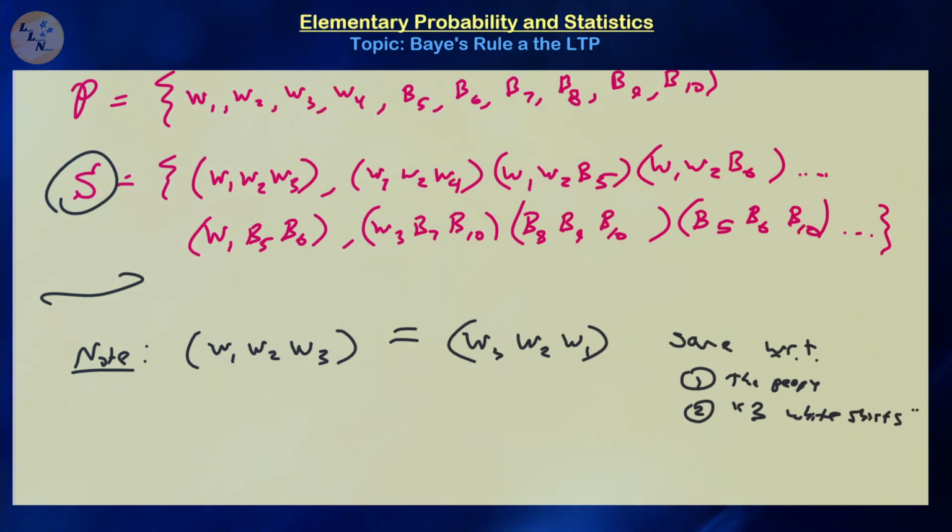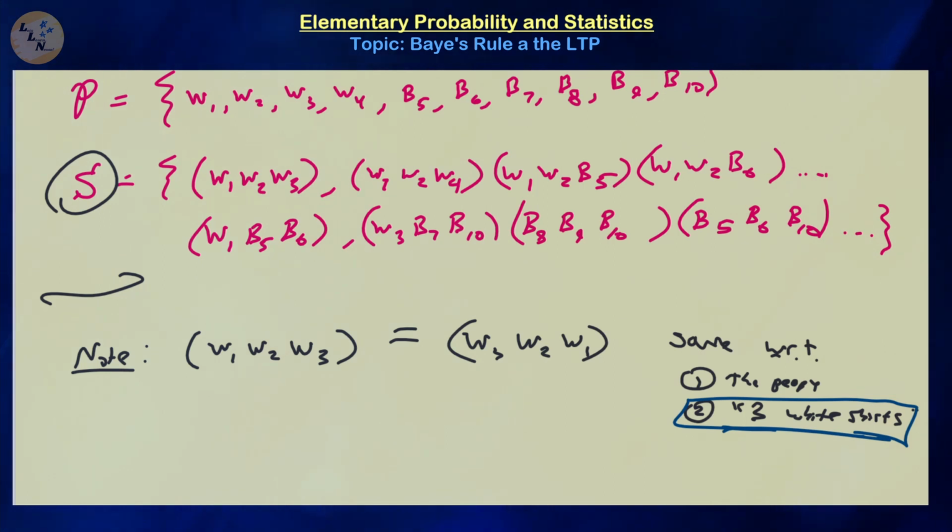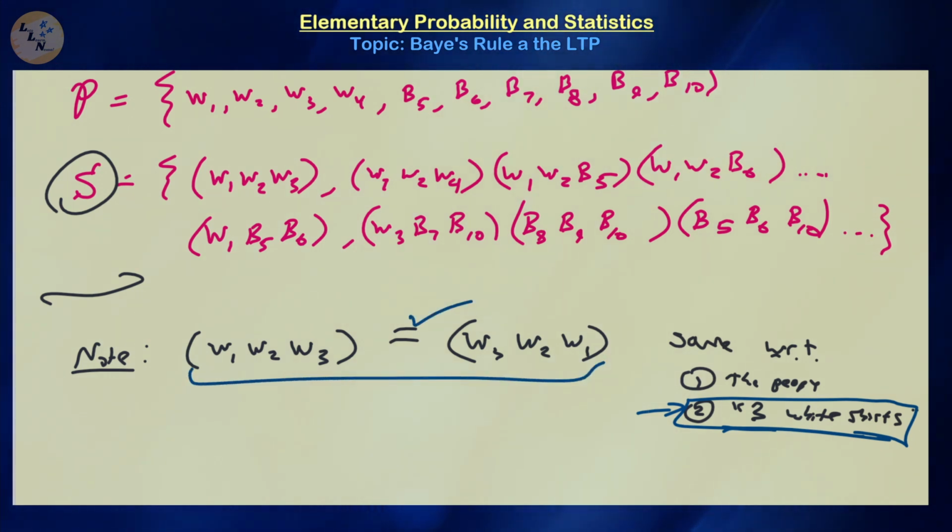So these are all the same in regards to these particular categories, but I'm going to be focusing on the shirt color categories. When I say order does not matter, this is what I'm primarily focusing on, because you cannot select the same person 3 times, since we're assuming without replacement, as we're doing a simple random sample. So these are the same exact set.